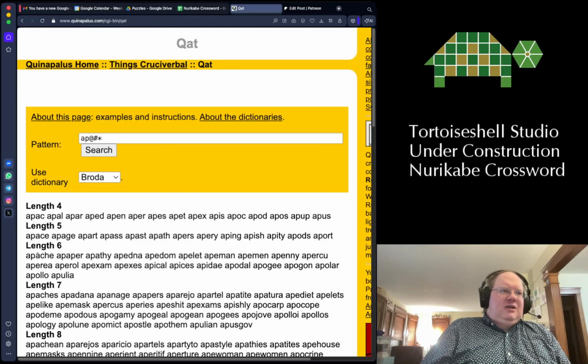So Apache would give us paste, but apathy or case. Oh, no, that doesn't work either. Do any of these work? Well, apart would give us cared.